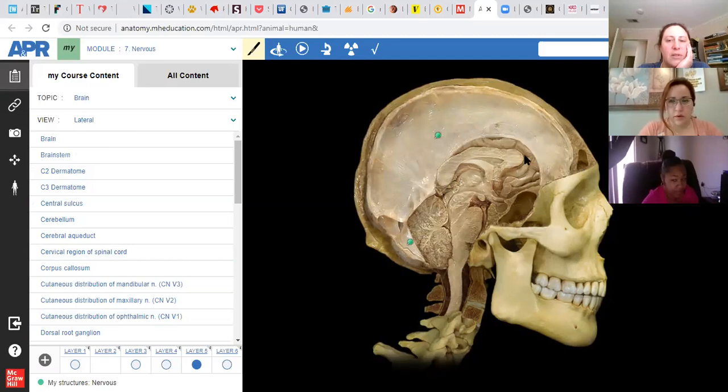This is your corpus callosum right here. And you can see this is midbrain, pons, medulla, and you can see that the medulla transitions to the spinal cord as it exits the foramen magnum. And your cerebellum sits right here, right above the foramen magnum. Ooh, and here's your pituitary gland right there.